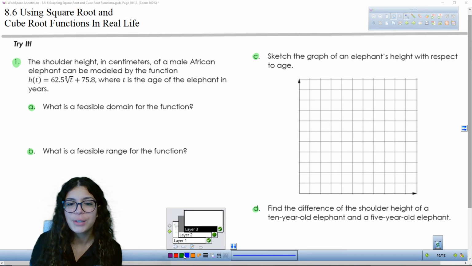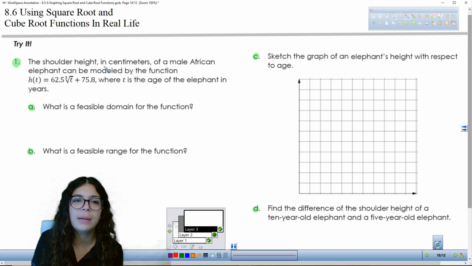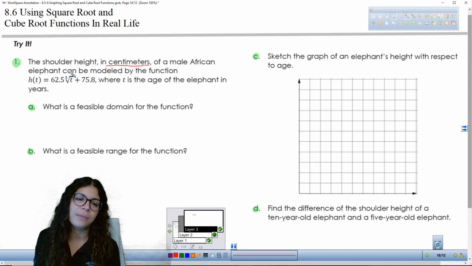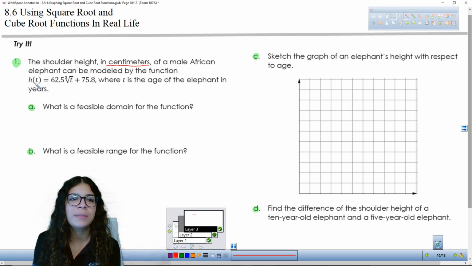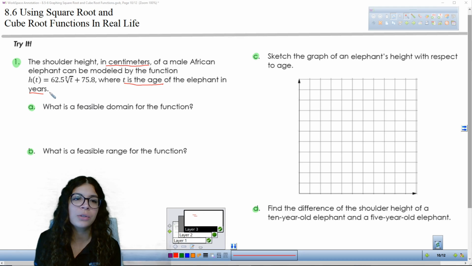All right, so this question says the shoulder height, and this is measured in centimeters, of a male African elephant can be modeled by the function h of t equals 62.5 cube root of t plus 75.8, where t is the age of the elephant, and that is measured in years.